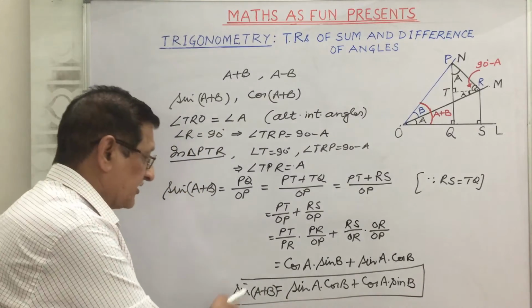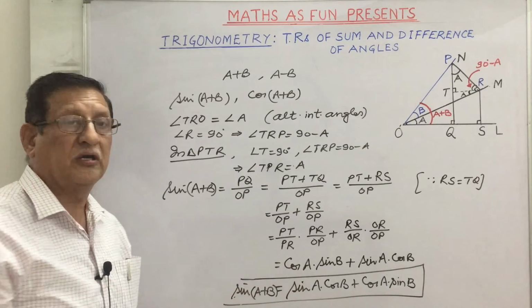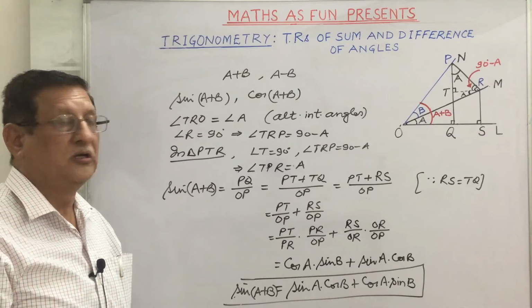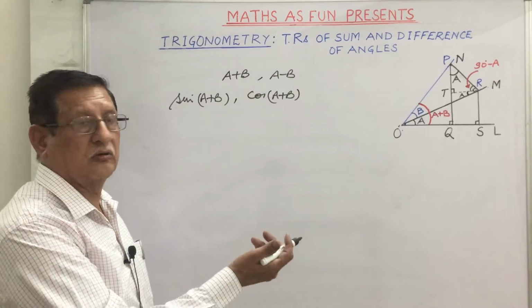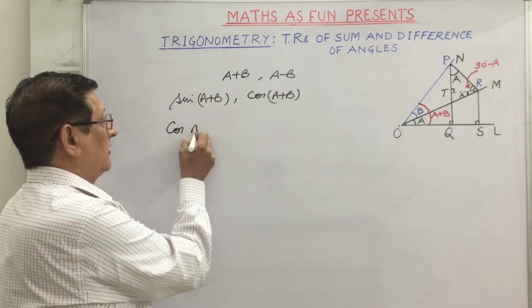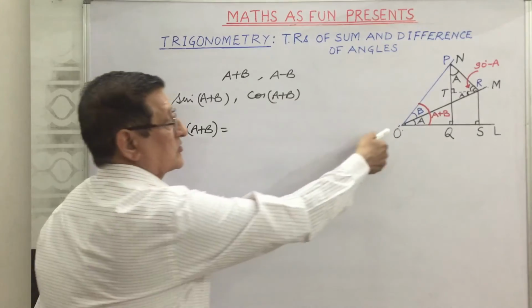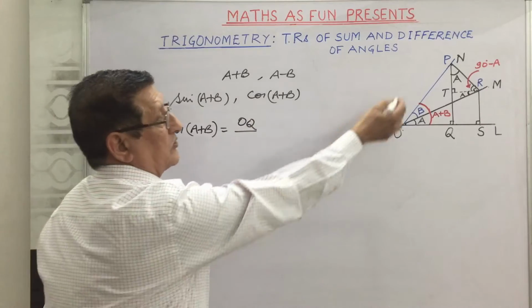So we can remember sine A plus B is equal to sine A into cos B plus cos A into sine B. Now let's learn about the formula for cos A plus B. Let's find out now cos A plus B. Cos A plus B here is, in this triangle for A plus B, base is OQ and hypotenuse is OP.